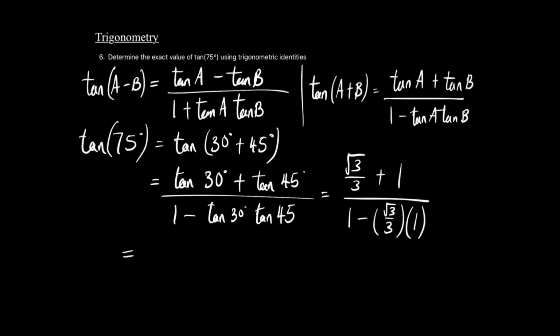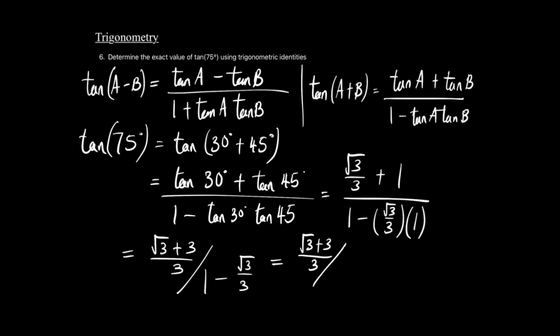Now we solve further. We have square root of 3 plus 3 divided by 3, divided by 1 minus square root of 3 over 3, which is equal to square root of 3 plus 3 divided by 3, all divided by 3 minus square root of 3 over 3.